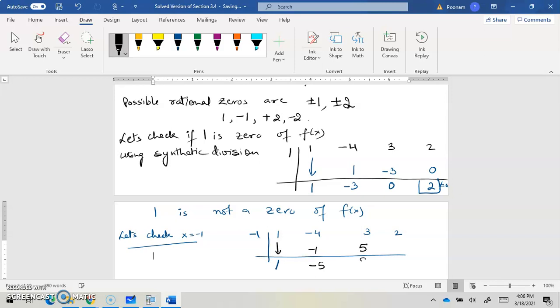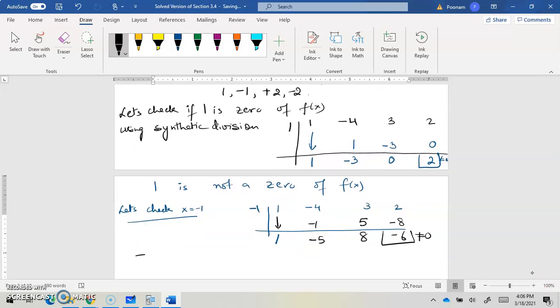Multiply, 5, add, 8, negative 8, negative 6. So this number is not 0. So we can say negative 1 is also not a zero of the function.